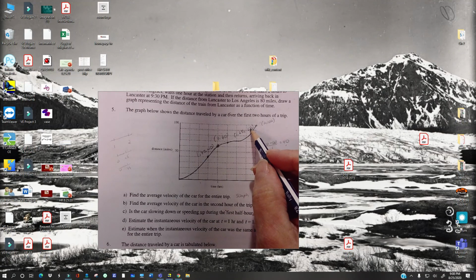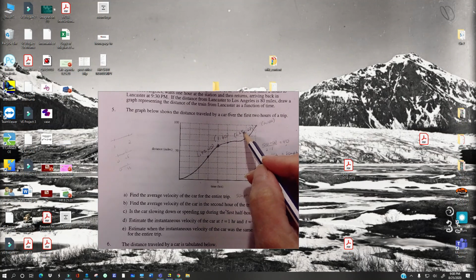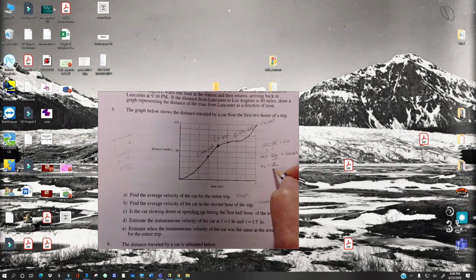So it'd be 68 minus 60, which is 8, over 1.25 minus 1, which is 0.25. And 8 times 4 is 32 miles per hour. Right? So 20 times 4 is 80. 8 times 4, so this is a fourth, right? So you flip the denominator. 8 times 4 is 32.